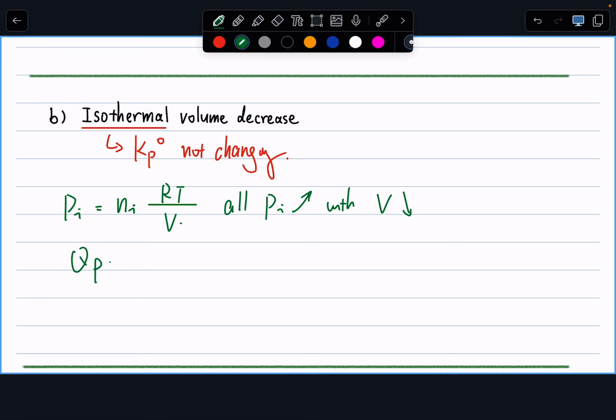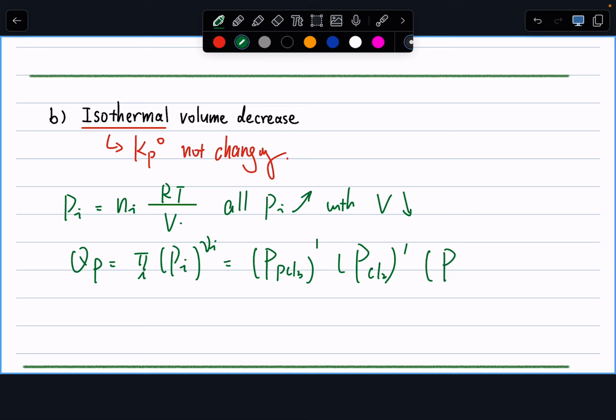And we have my Qp equals the product of my Pi to the power of mu i. In this reaction, we have the partial pressure of my product PCl3 to the power of 1, the partial pressure of my Cl2 to the power of 1, and the partial pressure of my PCl5 to the power of negative 1. When all my partial pressures change by the same factor, what we care about is the stoichiometric coefficients here.